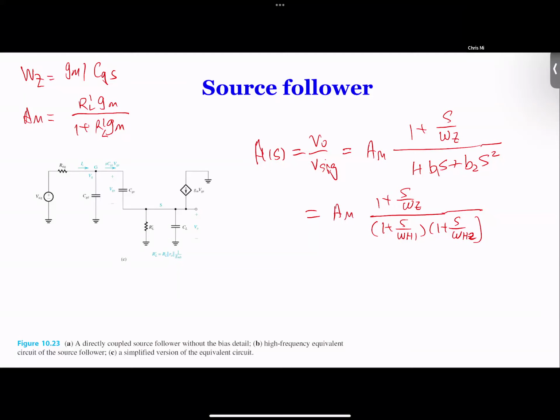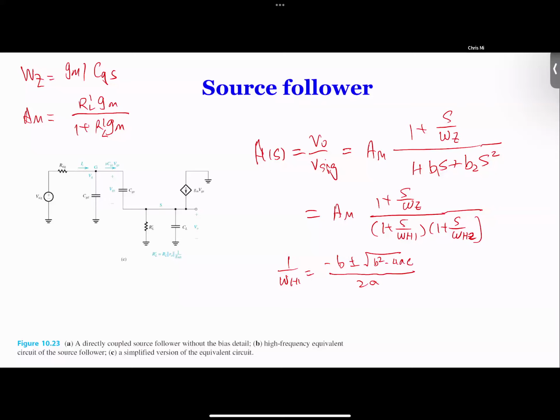Because our solution will be omega H1 equal to minus b plus or minus the square root, the quadratic formula divided by 2a, right?